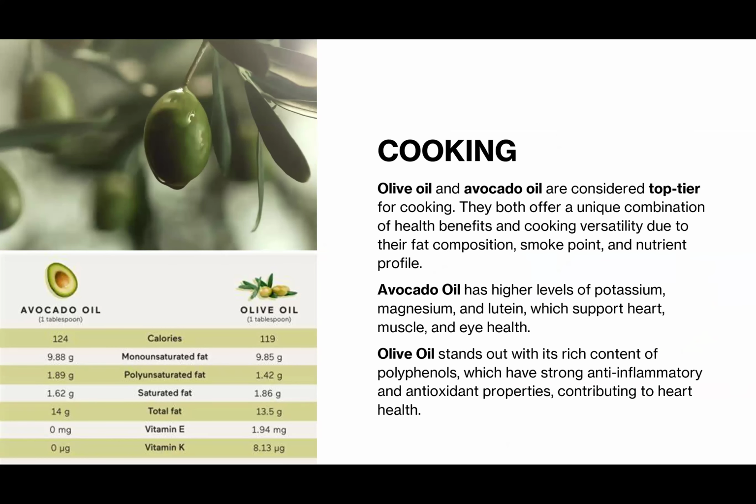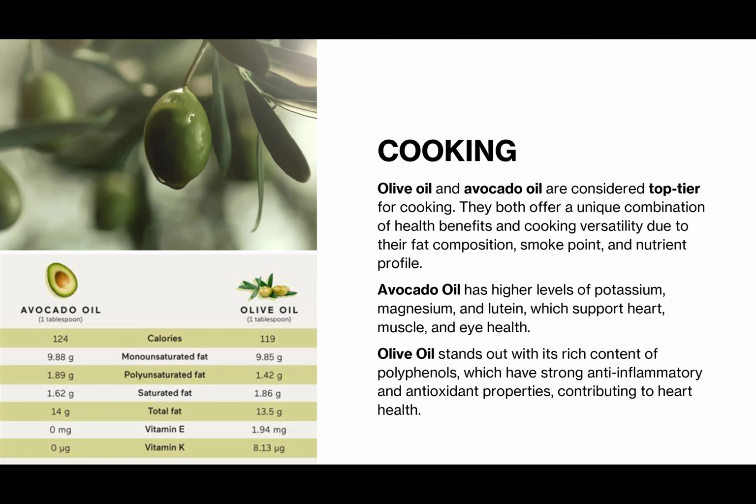In terms of cooking, it's probably the main question: what oils should I use on a daily basis for cooking? Here I want to highlight the golden standards and the best oils, which of course are olive oil and avocado oil. They are in the top tier for cooking. They both offer a unique combination for health, and you can buy them in different qualities.